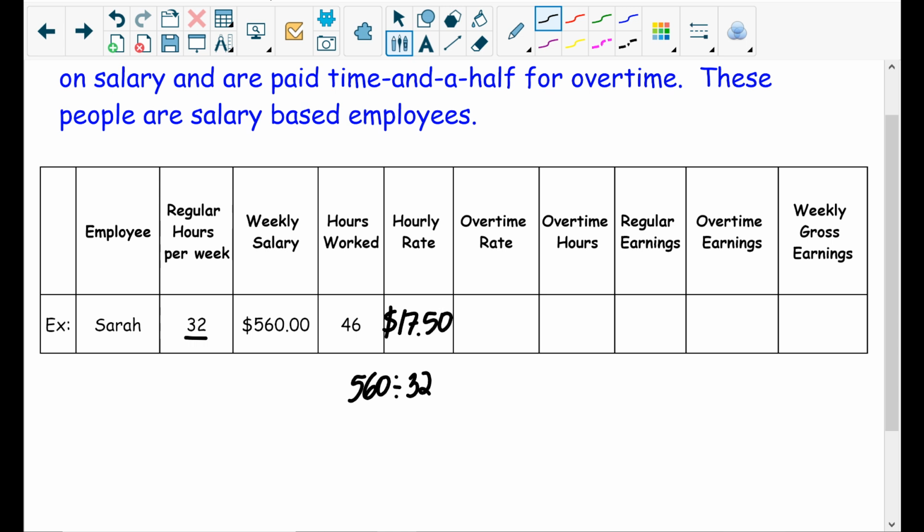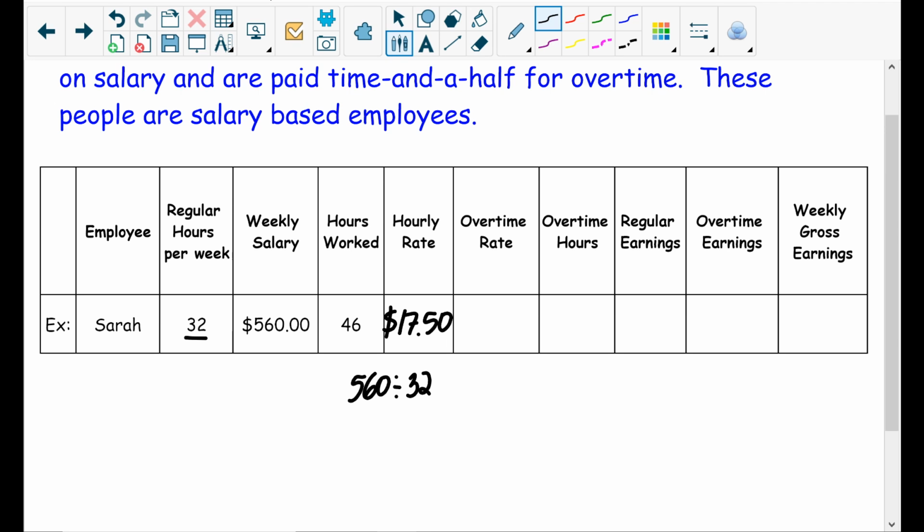Now, on your quiz, if you just put 17.5, I didn't take any points off. I probably just added a 0. If we're talking about hours, whatever decimal you use is fine. If we're talking about money, let's put 2 numbers after the decimal, just so it's a real monetary value.